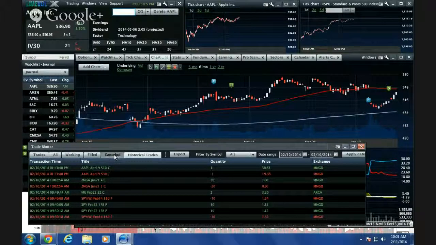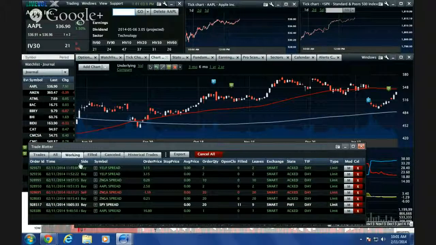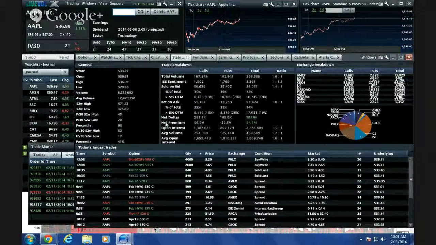In fact, I liked it so much, I put in more spread, but it didn't work out. I also saw other people buying other call spreads. So you see this call spread right here, Feb 540, 550 call spread. This is like a week to go, and this person paid $250.